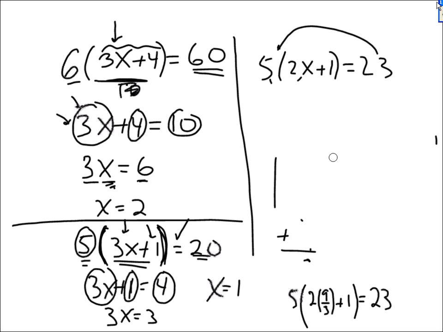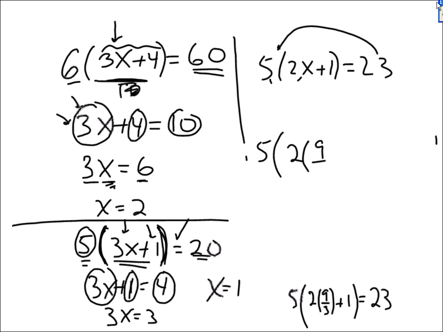We will use the distributive law, and we'll be done. There we go. 5 times 2 times 9 over 5 plus 1.